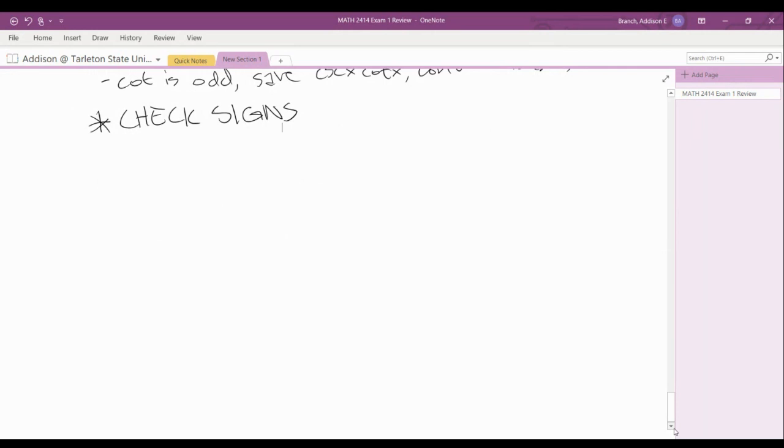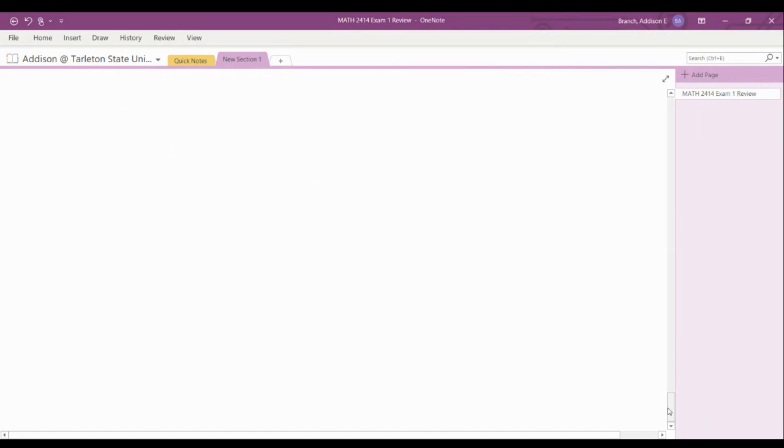So now we're going to go ahead and move on to the next section. I think this is probably the hardest one. We're going to do trig substitution. Trig sub is just hard. I feel like trig sub is really hard because it's a lot of algebra, a lot of trig identities, a lot of conversion.